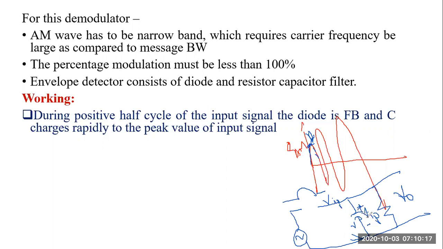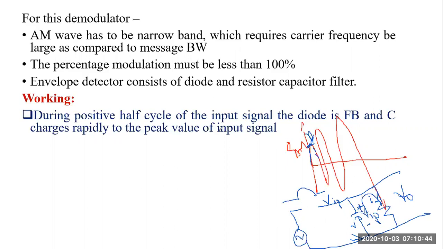And how can it lose its charges? It will send a current through this resistor connected across it. Remember, the resistance of a non-conducting diode is ideally infinite, an open circuit. So the capacitor can't send its charges in this direction. It should send only through this resistor, and it starts discharging.